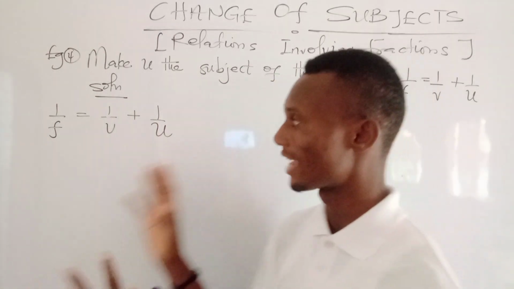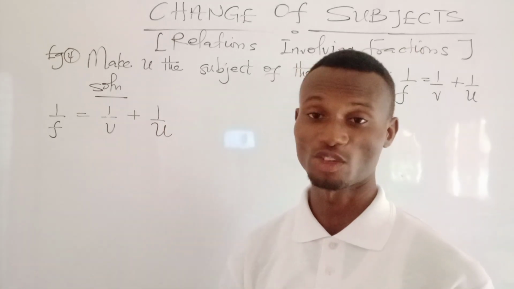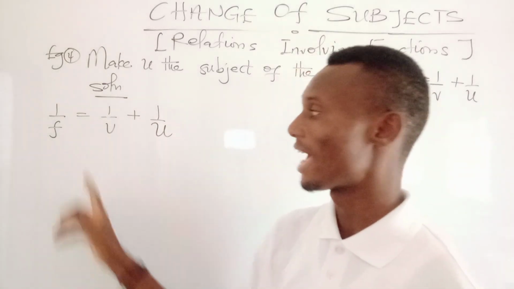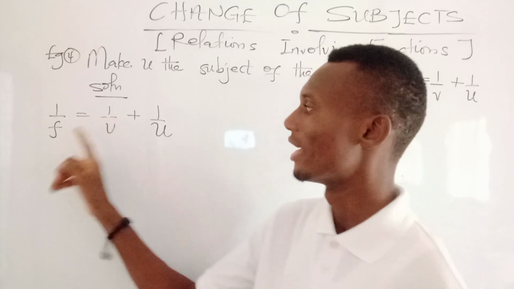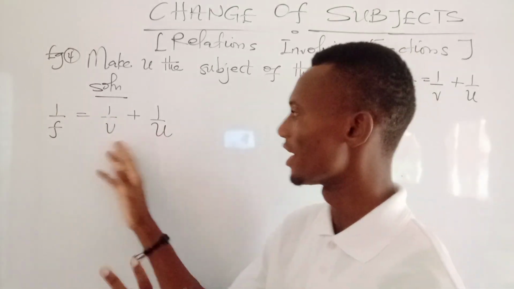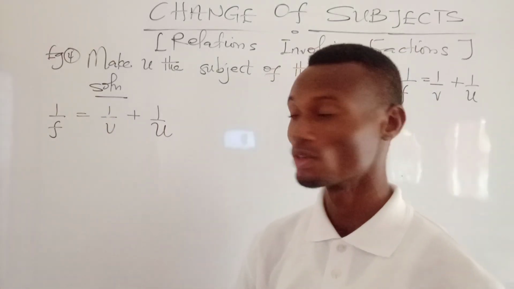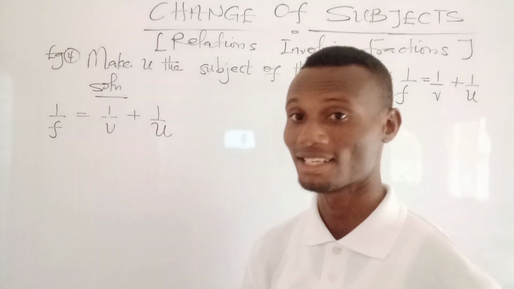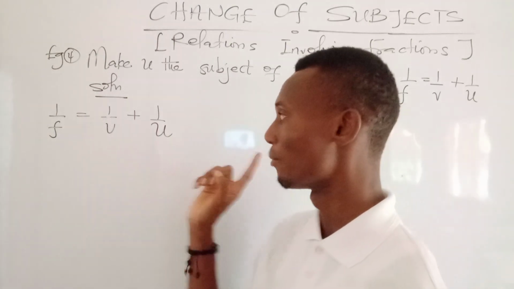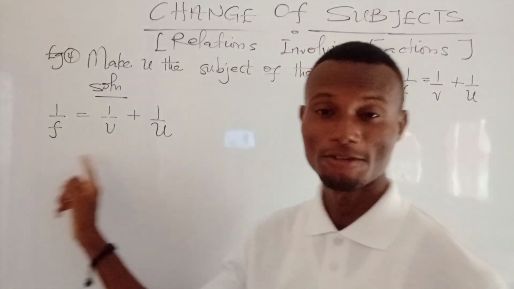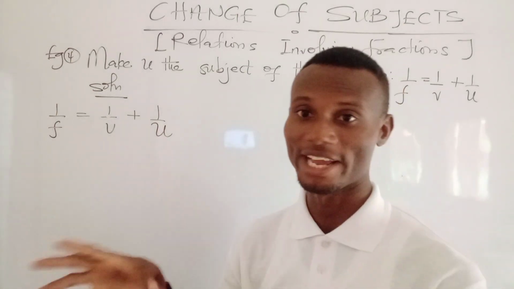Multiplication is commutative, so FVU or FUV or VUF is the same thing. What is important is that the LCM is a multiplication of these 3 variables, which are the denominators of the fractions.